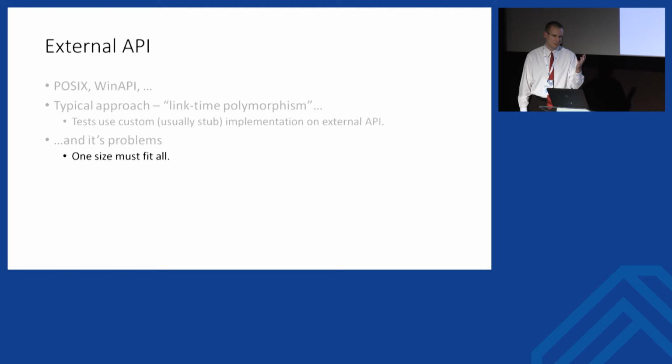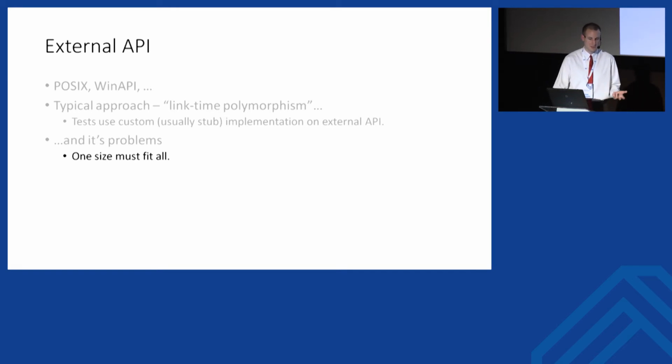Like you have one global function like bind or accept from POSIX, and you provide your own implementation, and then what? You have one implementation and many possible test cases. You might sometimes want to mock it so you verify it's called properly, and otherwise you might want to just stub it so that it will pretend to work without doing anything external. While with this approach you have just one function and one definition.